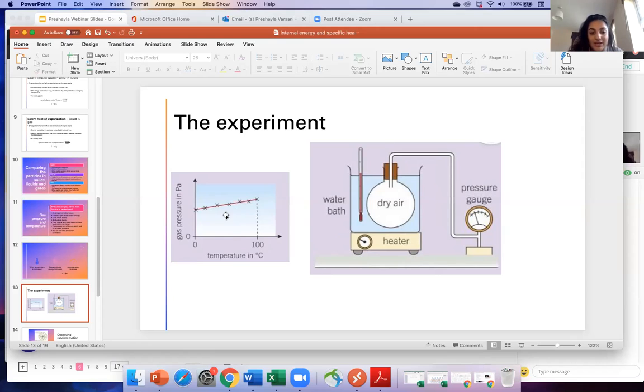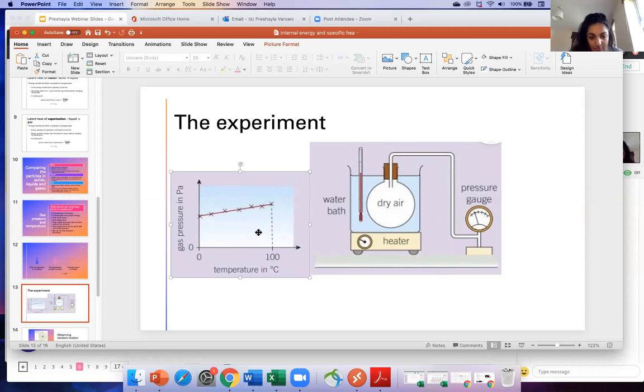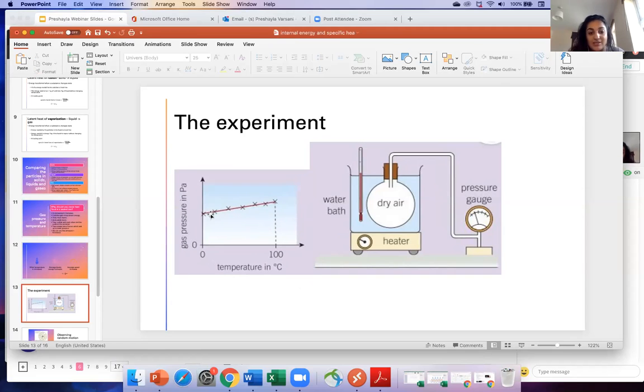So we can see that if we were to plot a graph of pressure against temperature, it makes a nice straight line. And that tells us that temperature is proportional to pressure. As temperature goes up, pressure goes up.